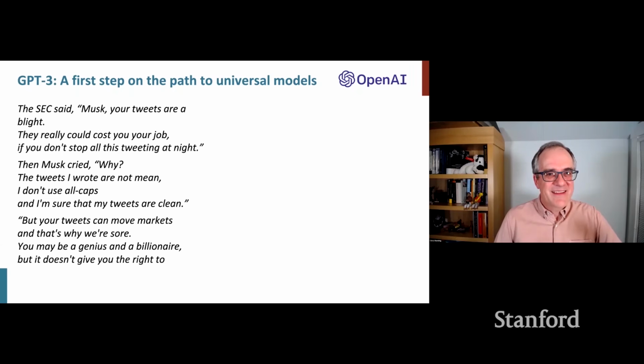What GPT-3 is about and why it's great is actually a bit subtle, so I can't really go through all the details of this here, but it's exciting because it seems like it's the first step on the path to what we might call universal models, where you can train up one extremely large model on something like that library picture I showed before, and it just has knowledge of the world, knowledge of human languages, knowledge of how to do tasks, and then you can apply it to do all sorts of things.